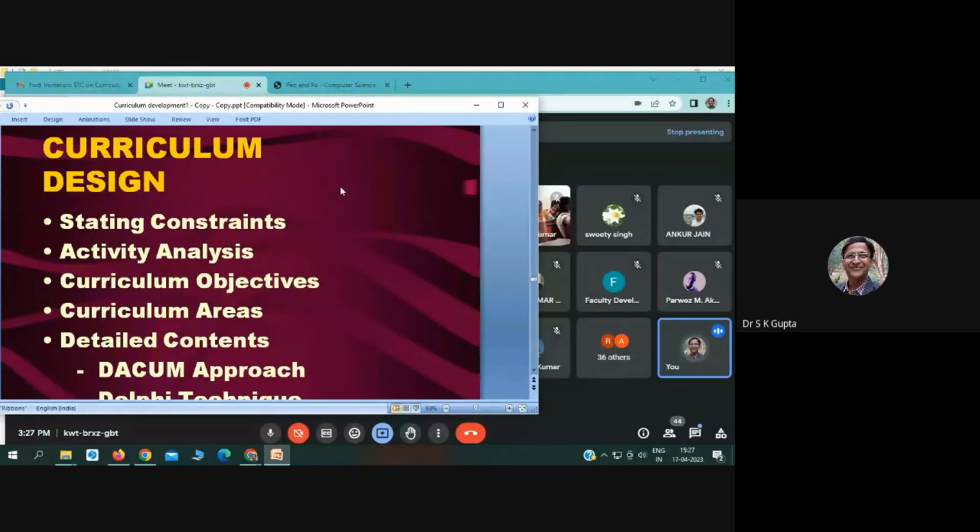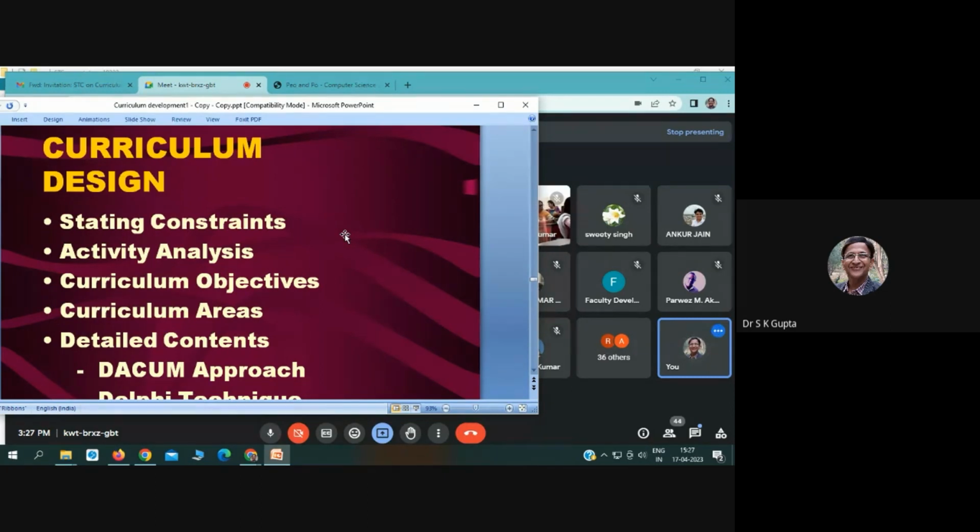In the curriculum design stage, we first of all know the constraints from the university or from the state boards for which we design the curriculum. That is, whether the entry qualification of the students will be 10 plus, 10 plus 2, or there will be some more requirements of the program, or even whether some BSc students can come or not, plus 2 plus 1 students can join.